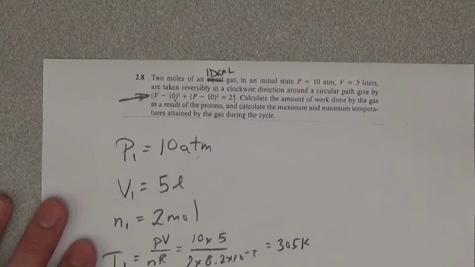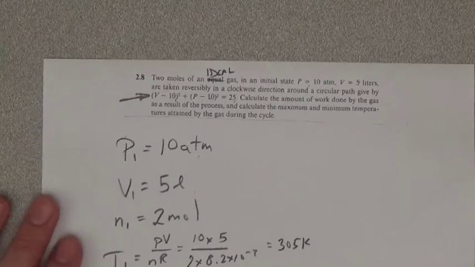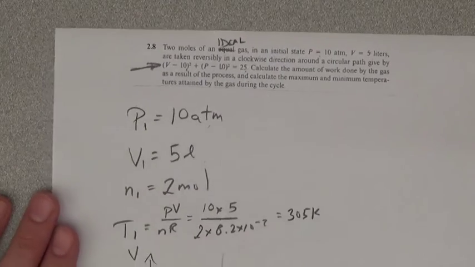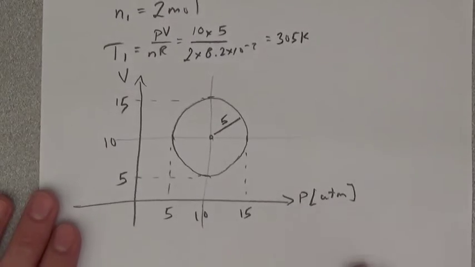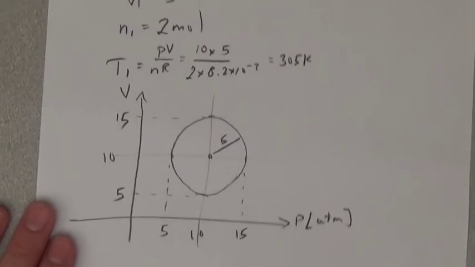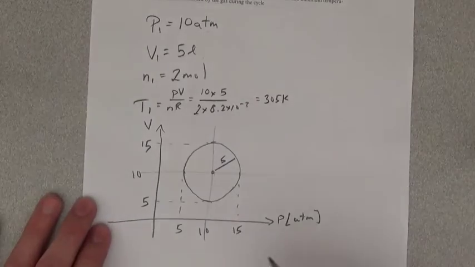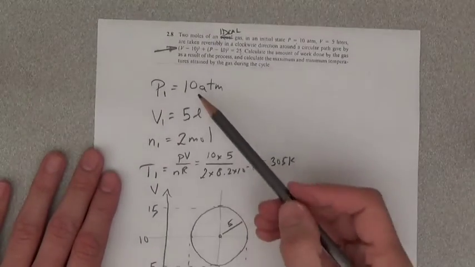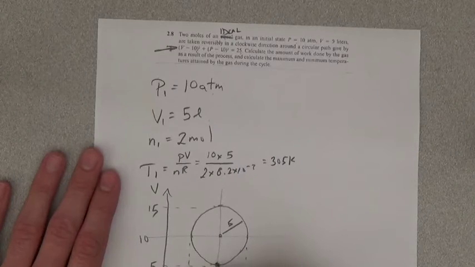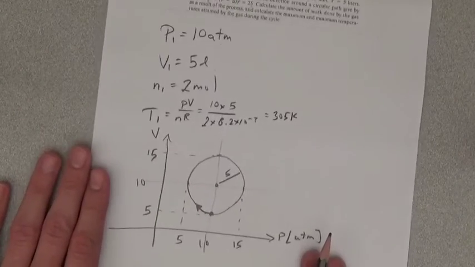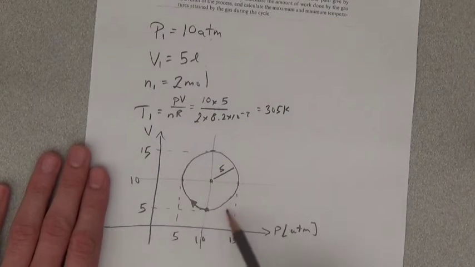So that corresponds to 5 to 15. And what we're doing is we're starting at 10 and 5, and we're tracing out this path, going around and coming back.